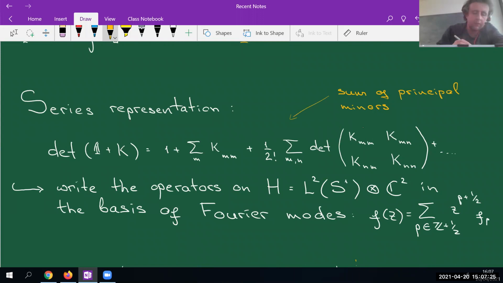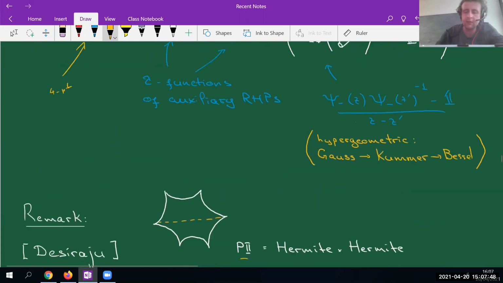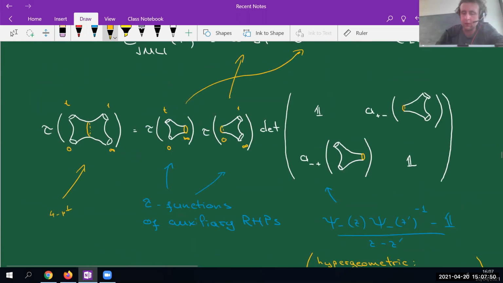So if you have a determinant of identity plus some square matrix, then it is a classical formula, I guess it is called von Koch formula, which expresses this determinant as a sum of principal minors. Okay. So now in our case, we don't have a matrix, we have an integral operator here. So this is the kernel of this integral operator.